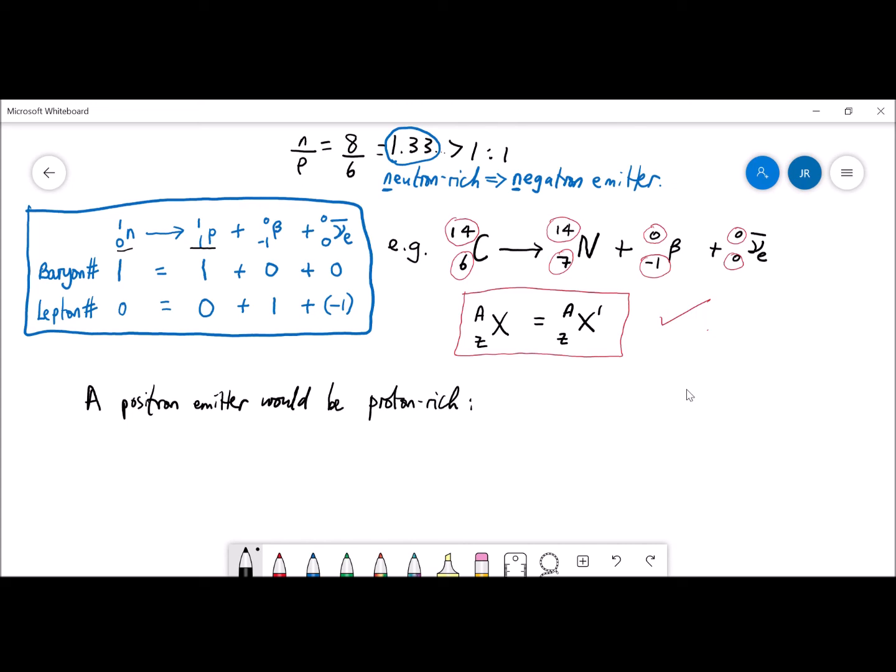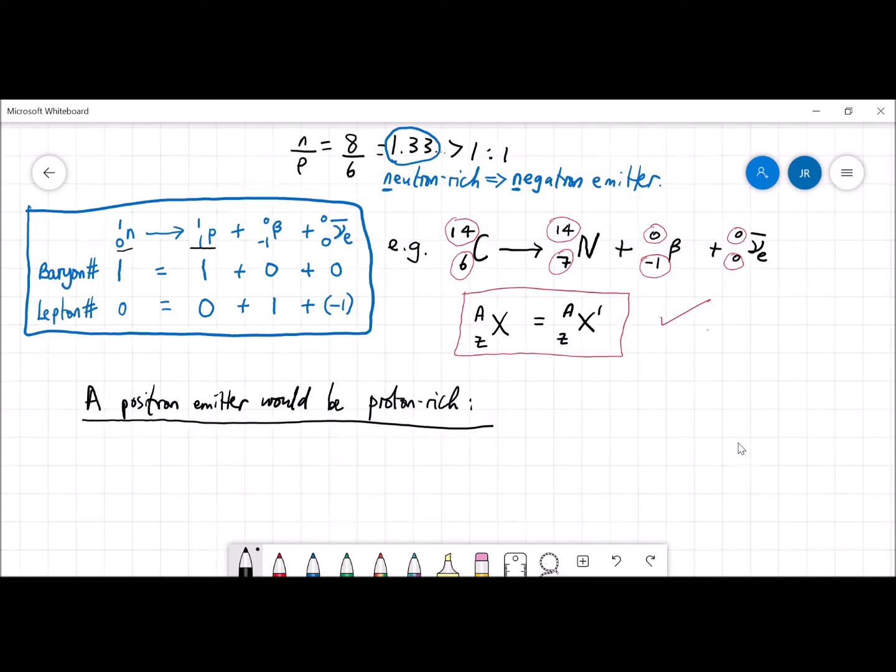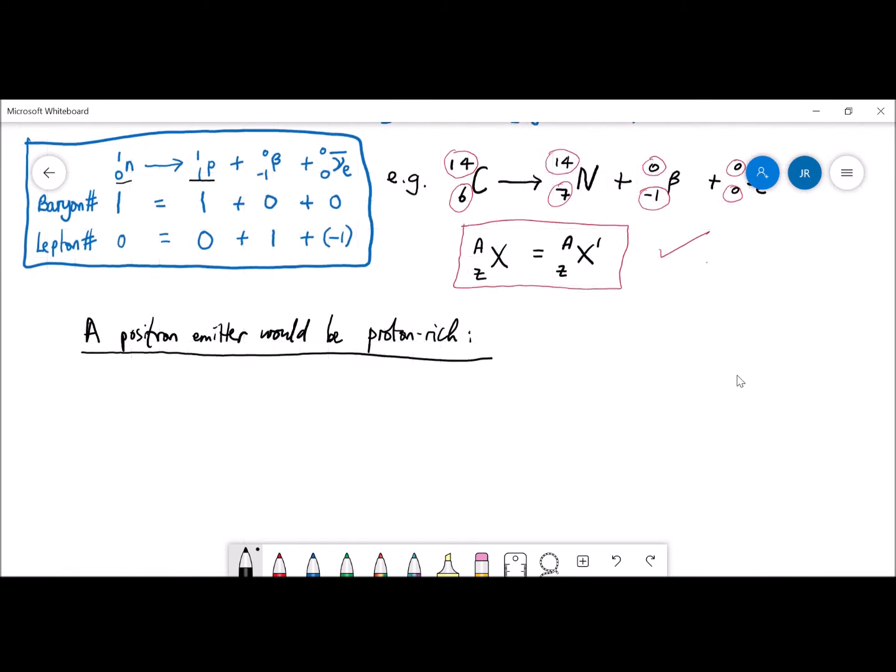So let's have a look at a positron emitter. Let's look at the equation for how a positron emitter might decay.